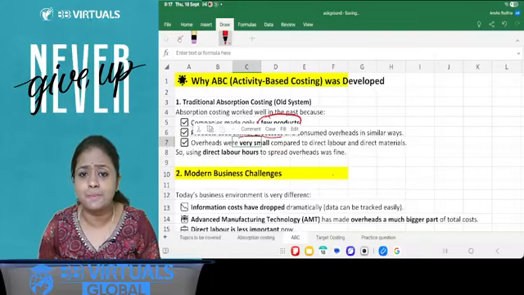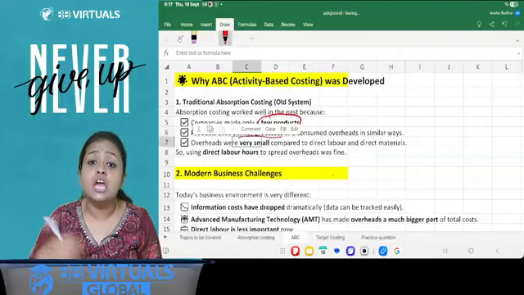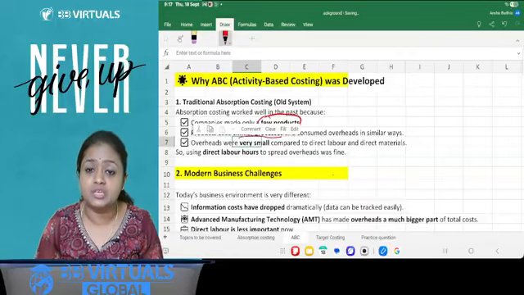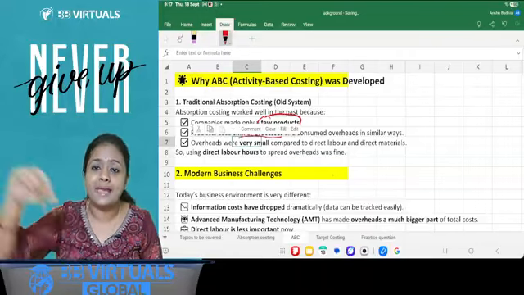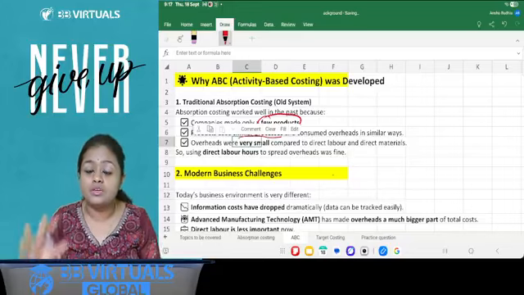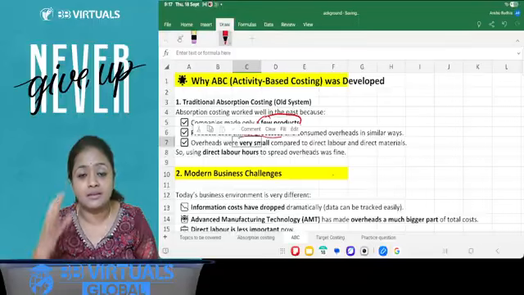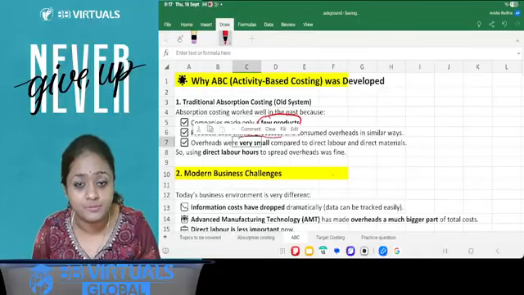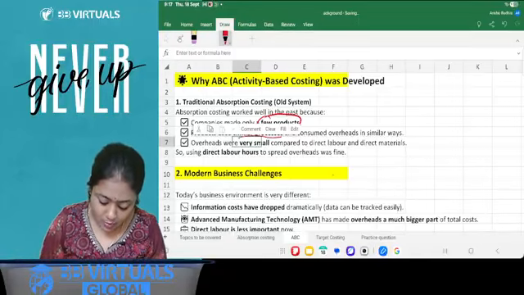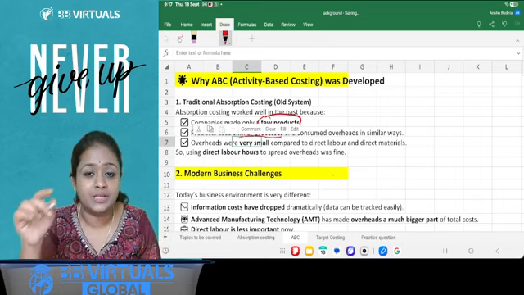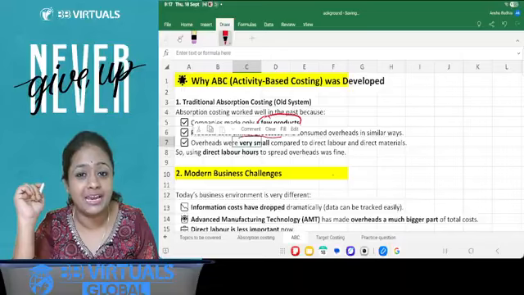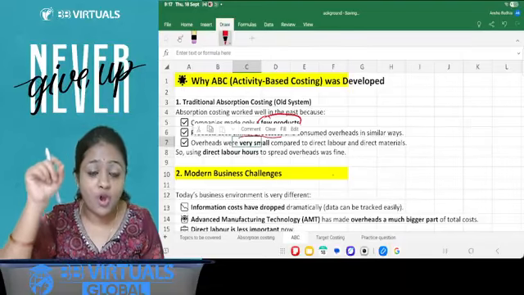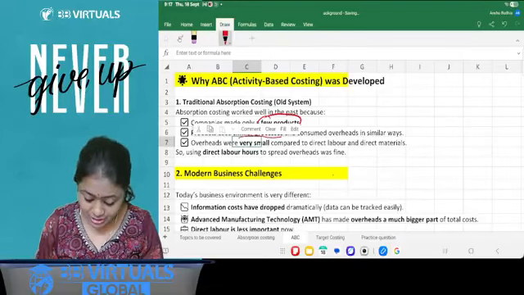Production processes were simple. There was not much complexity, not much competitiveness, because we just had a few big players in the market, that's all. But now we have a lot of players in the market, thanks to these virtual platforms as well. Okay, then overheads were very small as compared to direct labor, which I'm sure now you can relate to. The pointer that we have already covered in our discussion.